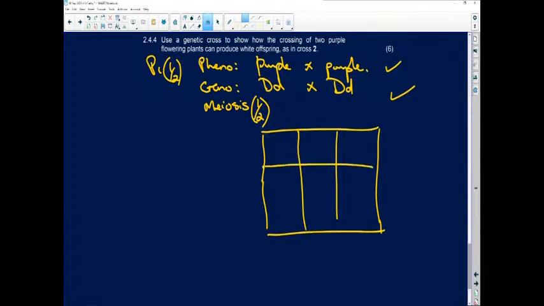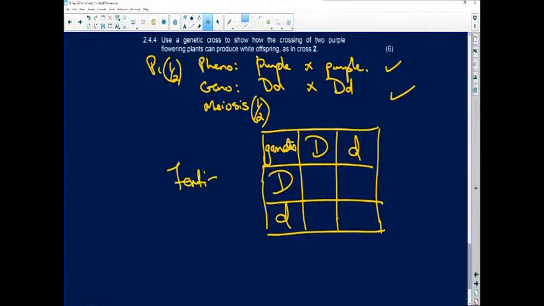Meiosis occurs. Here's the Punnett square. It's got 4 little brackets. So capital D, lowercase d, capital D, lowercase d. We have our gametes. Okay, and then fertilization takes place. That's another half a mark. So your offspring: capital D capital D, that's homozygous purple. Capital D, lowercase d, heterozygous purple.